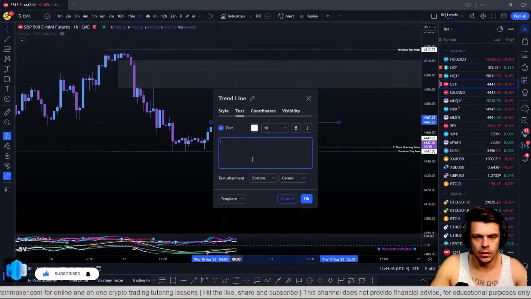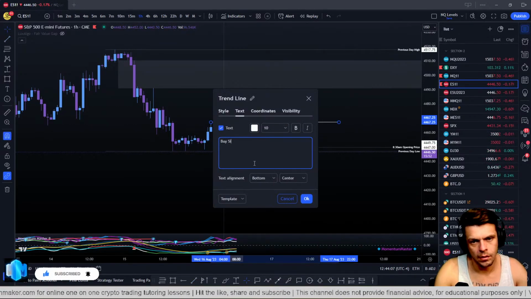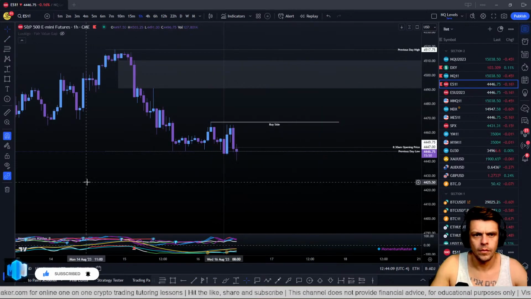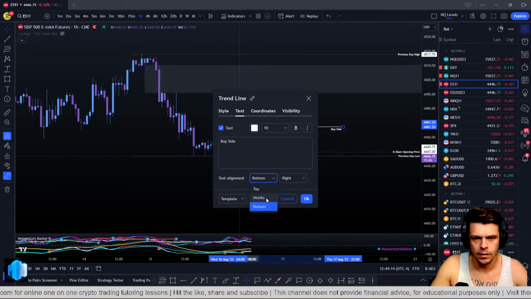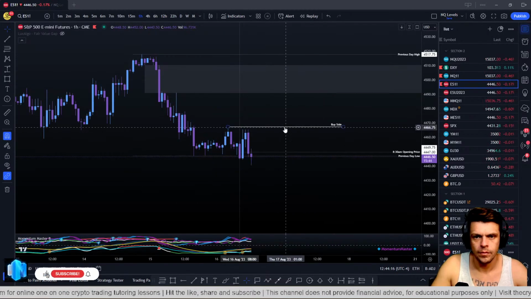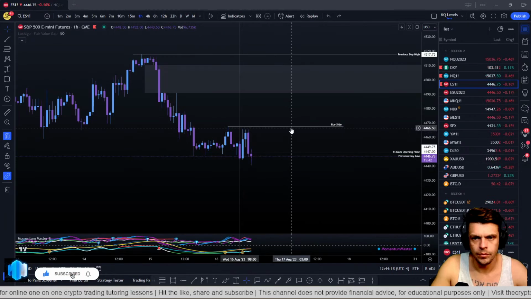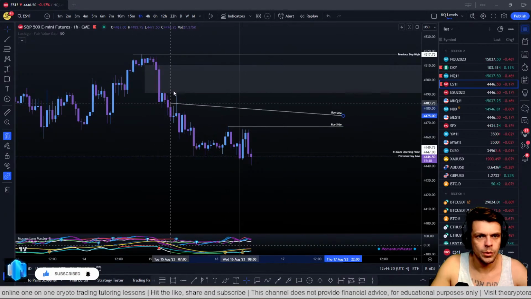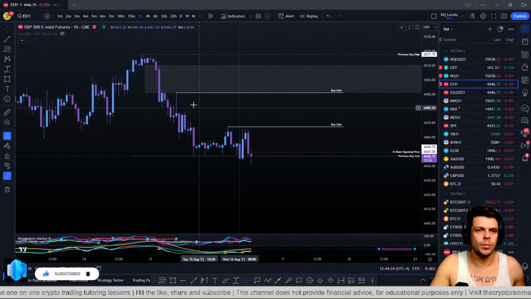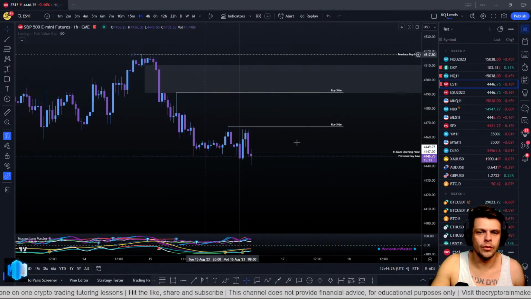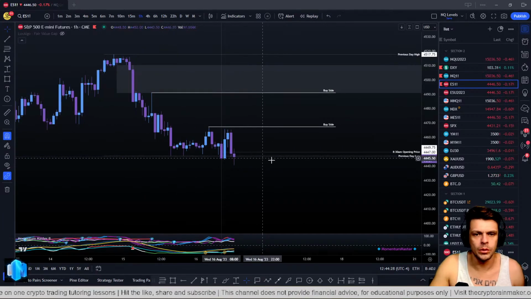So this is our liquidity area. Copy this, put it up over here as well. Right, so we have buy side liquidity right into that 4-hour fair value gap as well.